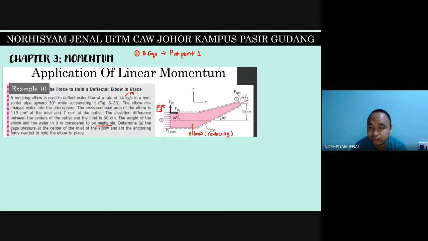What we are doing right now is we combine two conditions. Number one, liquid is moving from a bigger area to a smaller one. So we are changing the area, and we are actually changing the velocity. Number two, we have an elbow here, which means that the flow is hitting a certain part of the elbow due to the angle of 30 degrees over here.